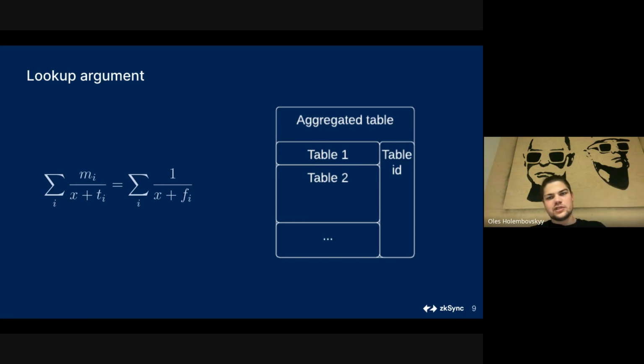Then you put either a constant or some other type of cell to show the table ID, constrain it to be the table ID of the XOR table, and then you prove that these 4 numbers are located in the big aggregated table. So the table ID just shows what small subtable you're going to use.